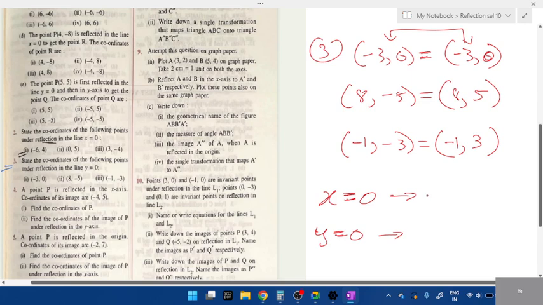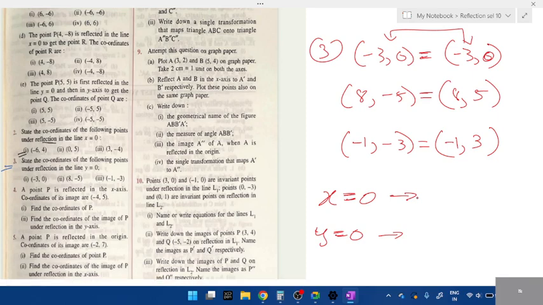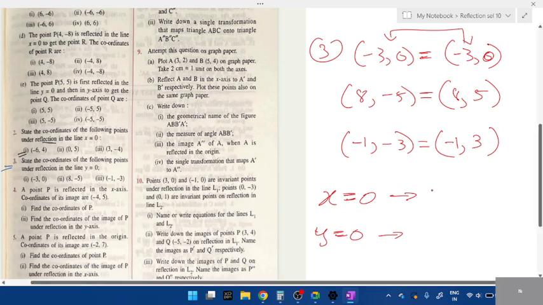See, who told y value? 2 minutes back I taught you, you forgot. If x is 0, which value will change? If y is 0, so that's the reason I told. You will definitely forget. You will get confused. If x is 0, how will you remember this?